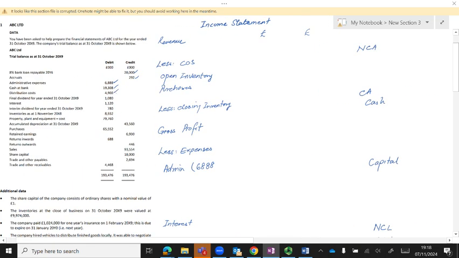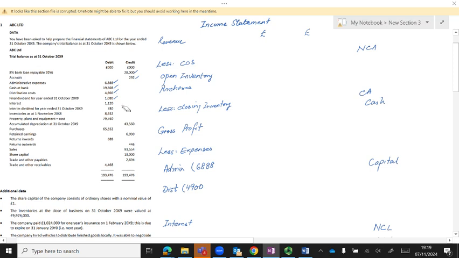Next is distribution expense, 4900. Again, I have opened the bracket and written 4900 because I know that there will be some more changes into it, either addition or subtraction.